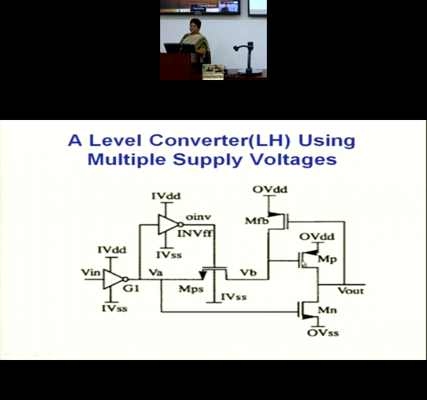Otherwise, it will have the same situation as the previous one. Static power consumption will be there. So I have to find out a way to reduce the power consumption also. Okay. So what is the design criticality here? Sizing of feedback and this NMOS, and this NMOS. These two have to be sized properly such that you are able to get the correct voltage at this node.